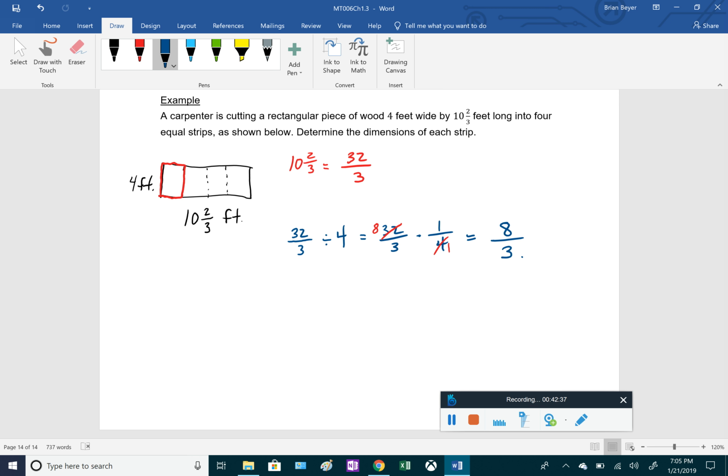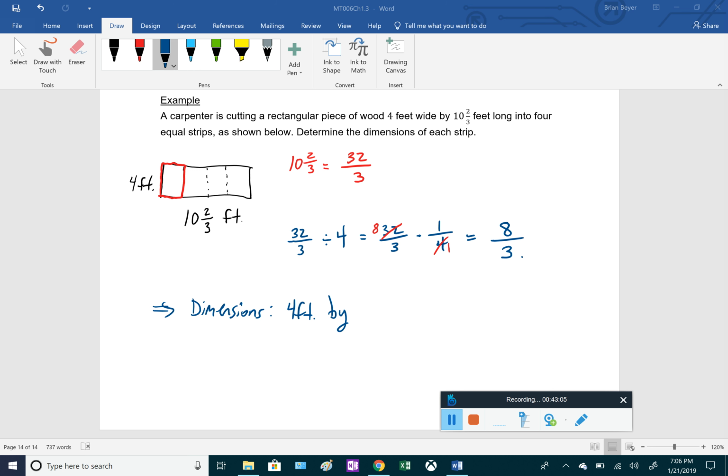Okay, so the dimension of each strip is going to be, obviously, 4 feet by something. It's going to be 4 feet by the 8/3 that we just found. So the 8/3 feet. I'll actually convert 8/3 to a mixed number here.